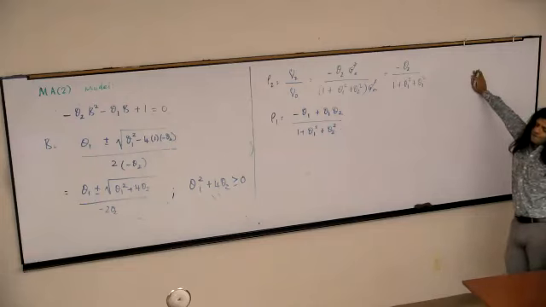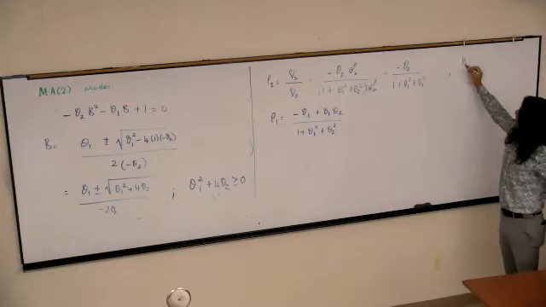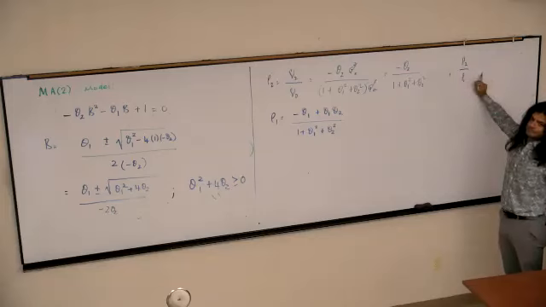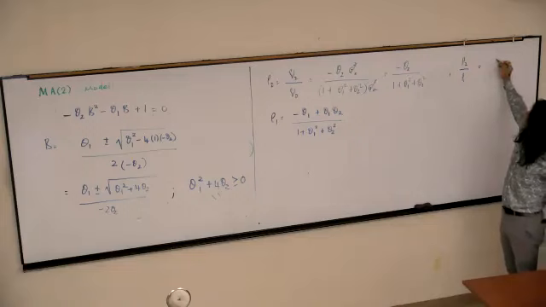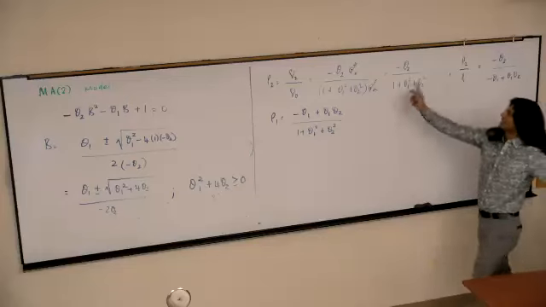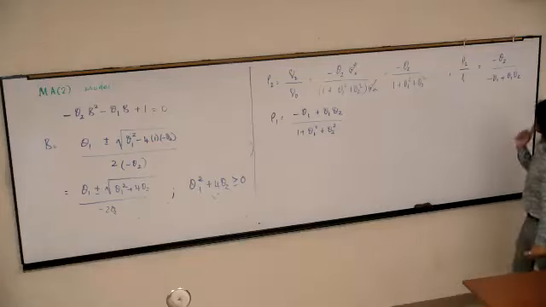So if I divide the two, what will I get? Rho 2 over rho 1. I should get theta 2 over negative theta 1 plus theta 1 theta 2. Yes, the denominators will simply get cancelled.